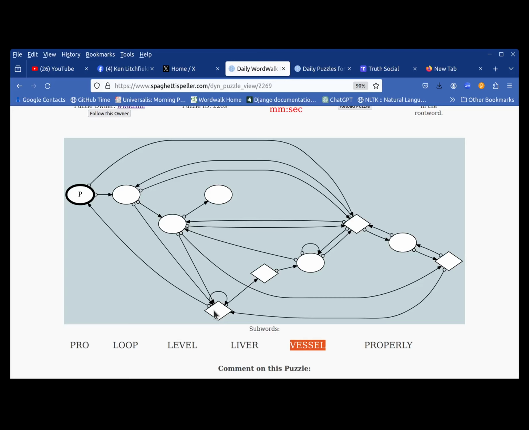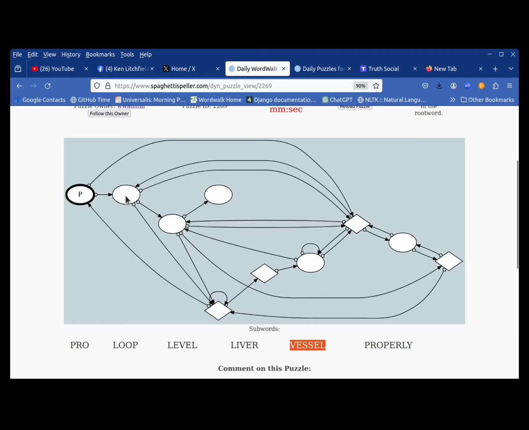So let's see if we can solve some easy subwords. The one that has L-O-O-P, well, we know where the P is. We just need to find the L, because we know that this is the O. So what are the consonants coming into this? Well, there are two.